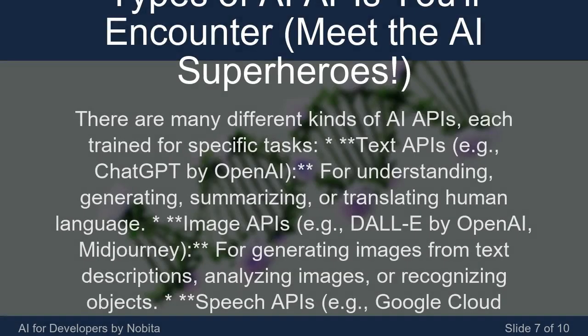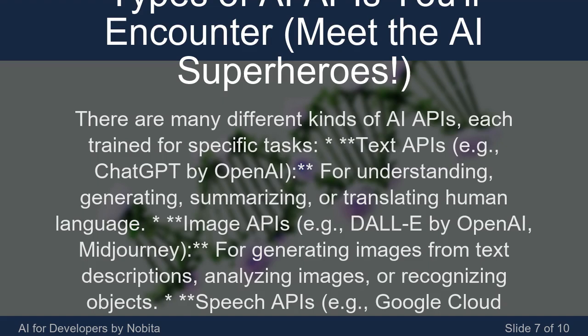There are many different kinds of AI APIs, each trained for specific tasks. Text APIs, e.g., ChatGPT by OpenAI, for understanding, generating, summarizing, or translating human language. Image APIs, e.g., DALL-E by OpenAI, Midjourney, for generating images from text descriptions, analyzing images, or recognizing objects.